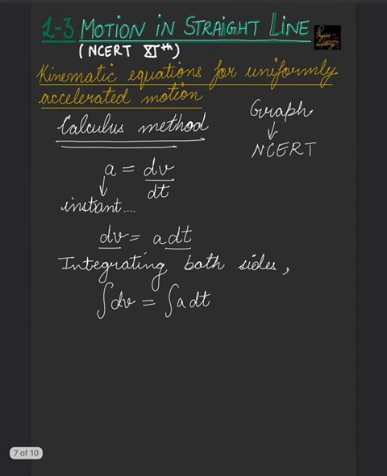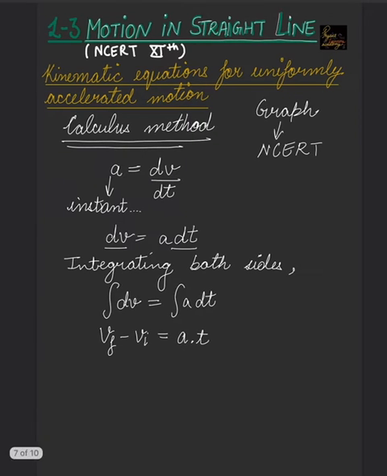What is this? We talk about dv every time. What will we write for dv? Velocity final minus velocity initial is equal to acceleration. Acceleration is acceleration, it is independent of time. And what will dt become? t.